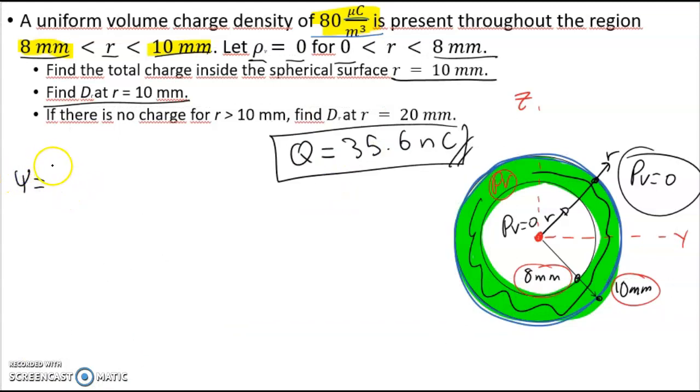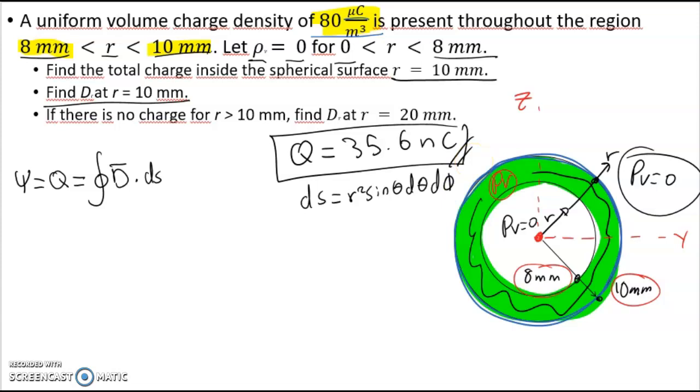Flux, which equals the enclosed charge, equals the closed surface integration of D dot dS. Now, for a surface in spheric coordinates, dS equals radius squared sine of theta d theta d phi.